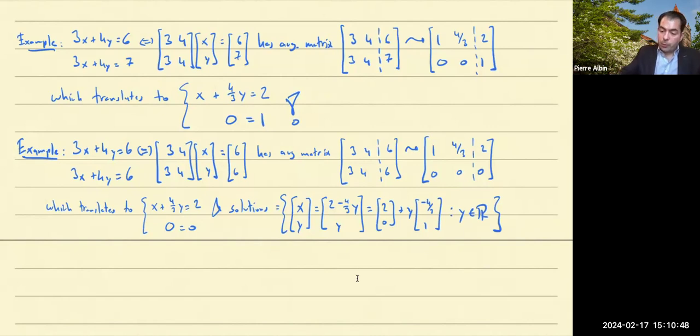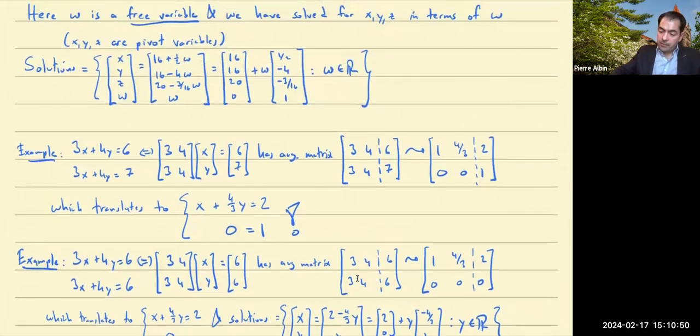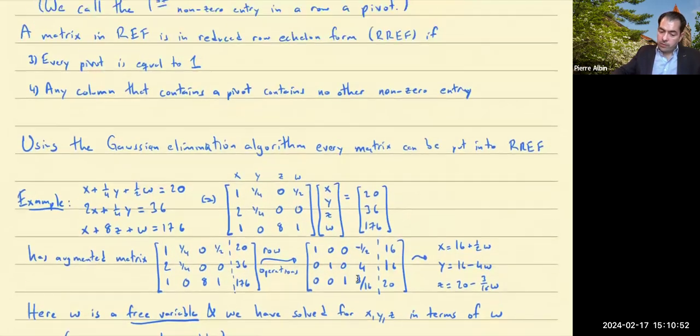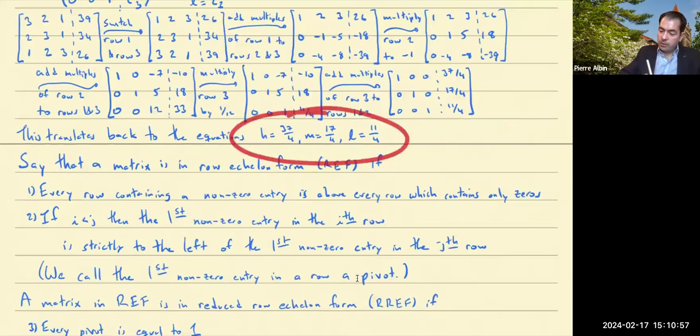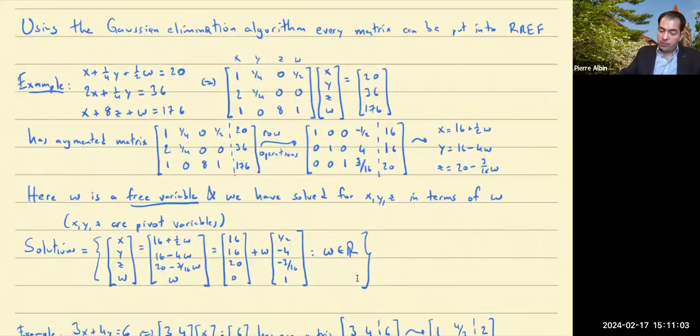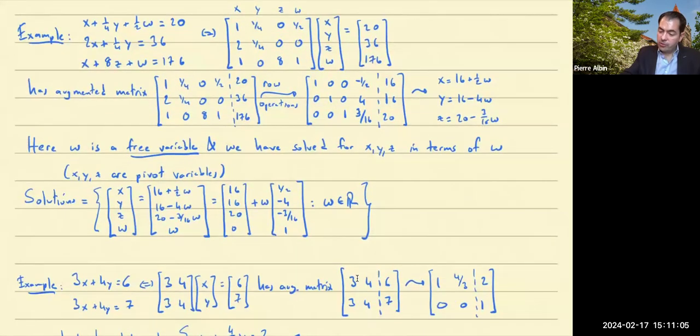So we've seen what happens when you have a single solution. That's when you have a pivot in every column except for the last one. We've seen what happens when you have multiple solutions. That's when you have a free variable.